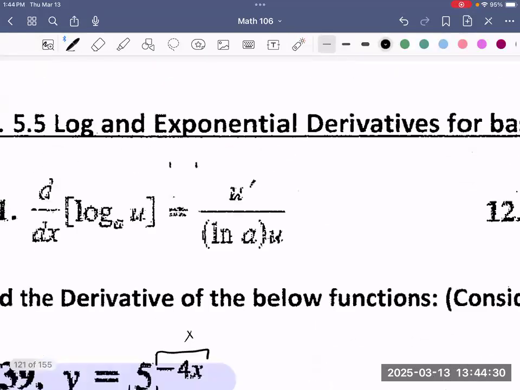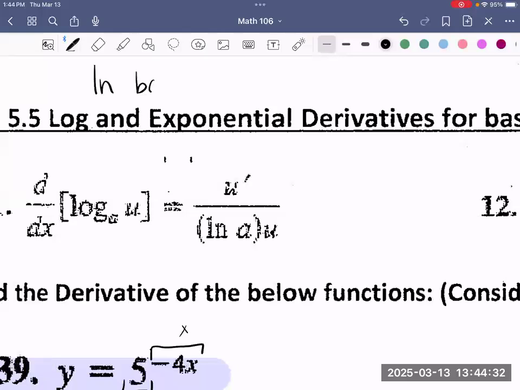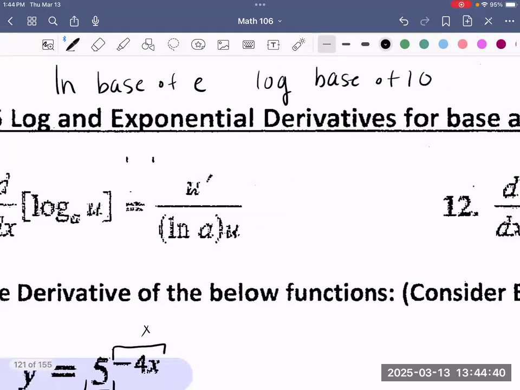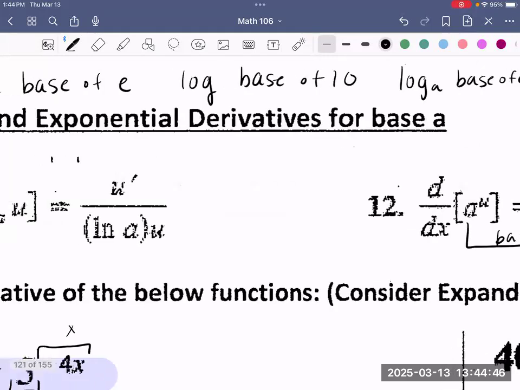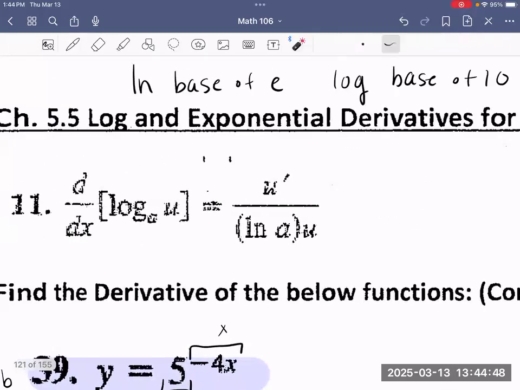Keep in mind, ln has a base of e. Log itself has a base of 10. And if we have log base a, this has a base of a, whatever that value is. So when it comes to our derivative of a logarithm, we're going to be using the ln of a, the base we have here.